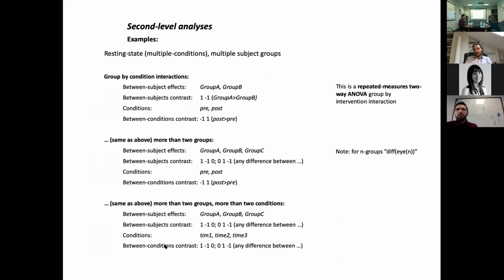For example, when you want to look at the difference between conditions and there are more than 2, say 3, it would be difficult to pre-compute all of the contrasts that you would need to enter into your second level analysis.